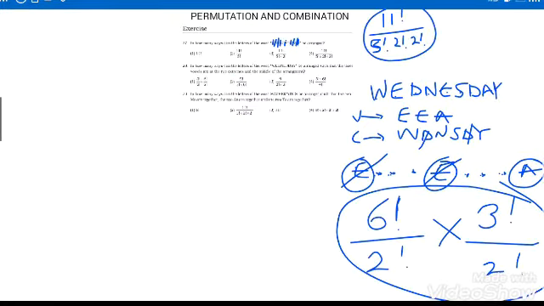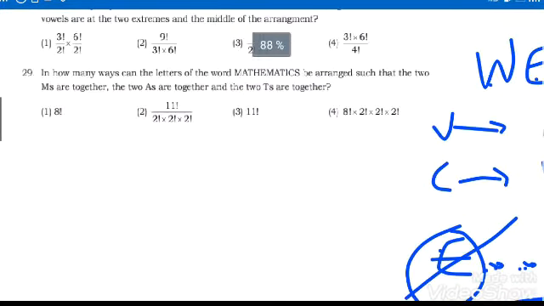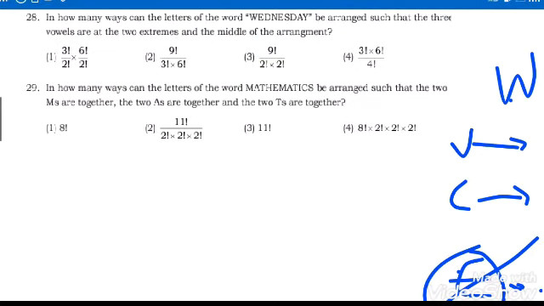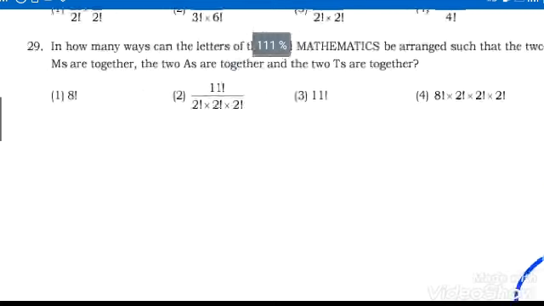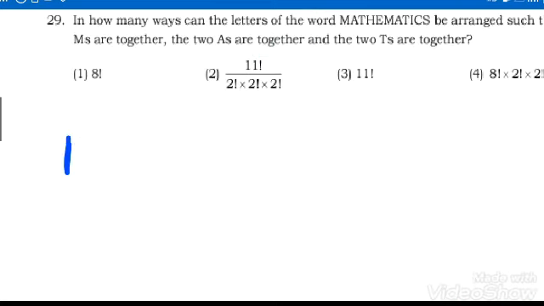Okay, let's look at the last one here. In how many ways can the letters of the word mathematics be arranged such that the 2 M's are together, the 2 A's and the 2 T's? So first off, we bring out the word mathematics.